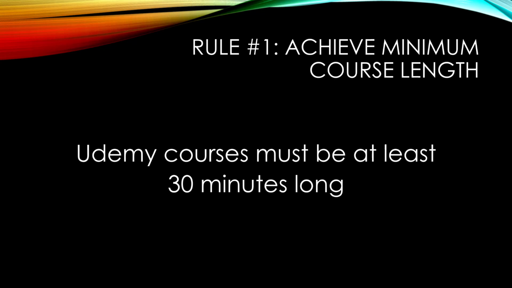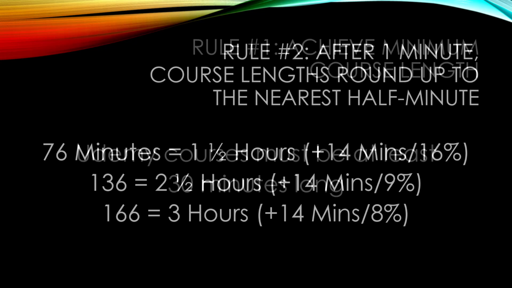So this first course, and 30 minutes seems fine to me as a first achievement, is an incredible achievement, and I pat you on the back if you make it there. Rule number 1, achieve the minimum course length of 30 minutes.